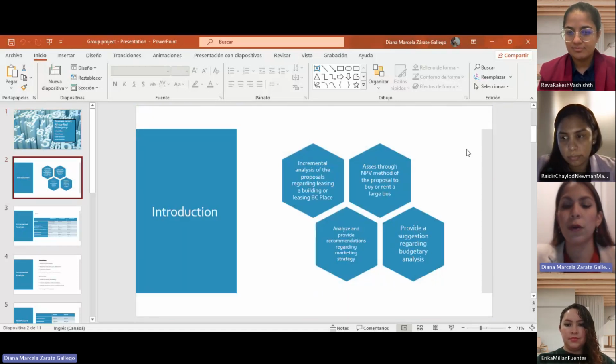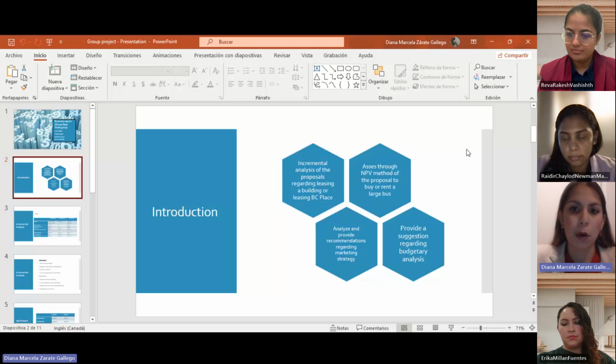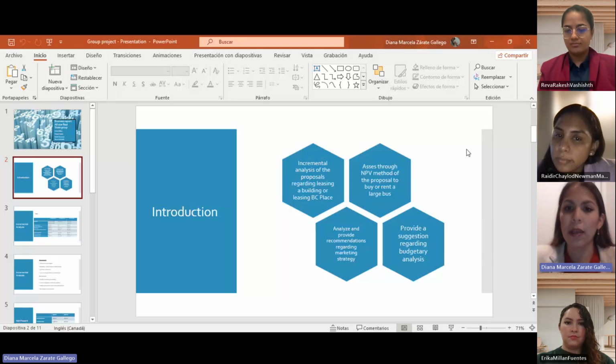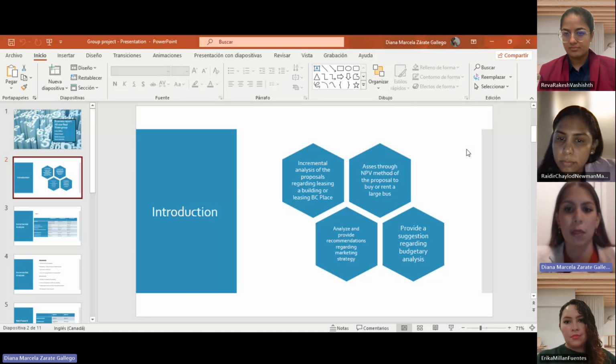Briefly, we are going to talk about recommendations on four principal points. One is related to an incremental analysis that we did regarding the proposals of leasing a building or leasing a busy place. The second point is about assessing, through the NPV method, the proposal to buy or rent a large bus.